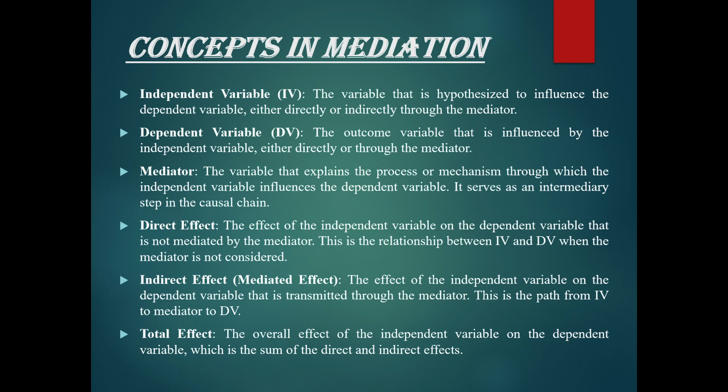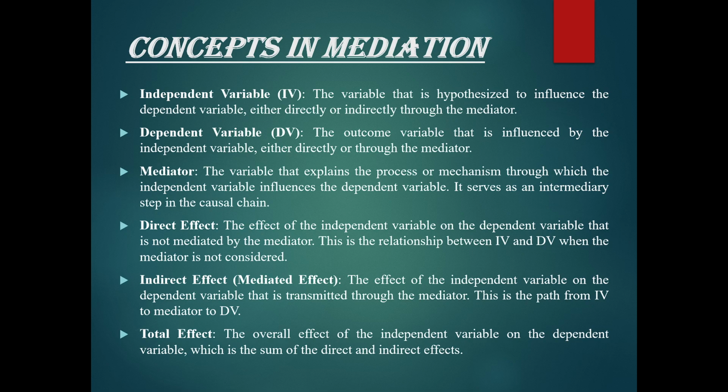And next one is the direct effect, which is the effect of the independent variable on the dependent variable that is not mediated by the mediator. This is the relationship between independent variable and dependent variable when the mediator is not considered. And next one is the indirect effect, that is your mediated effect: the effect of the independent variable on the dependent variable that is transmitted through the mediator.